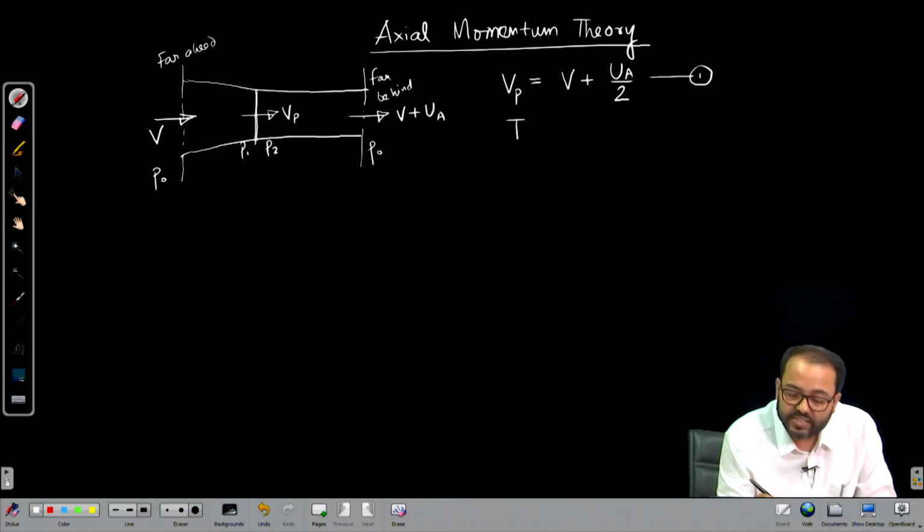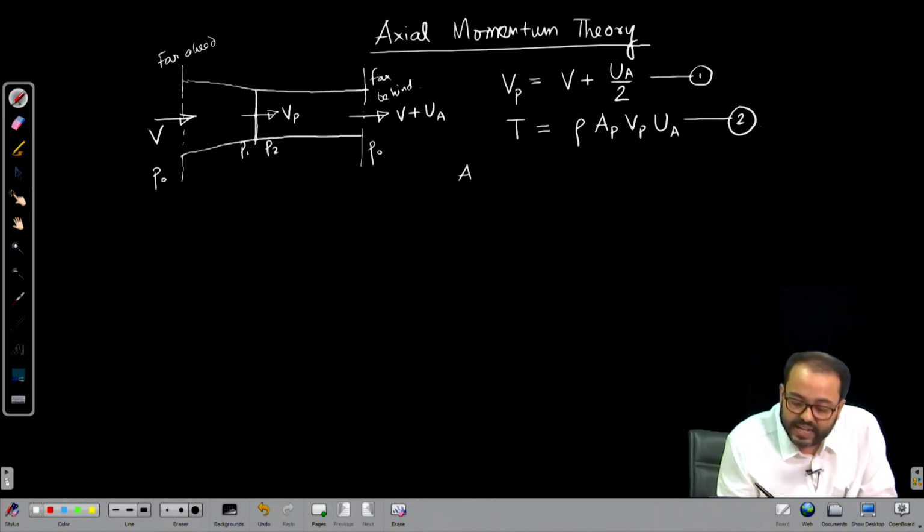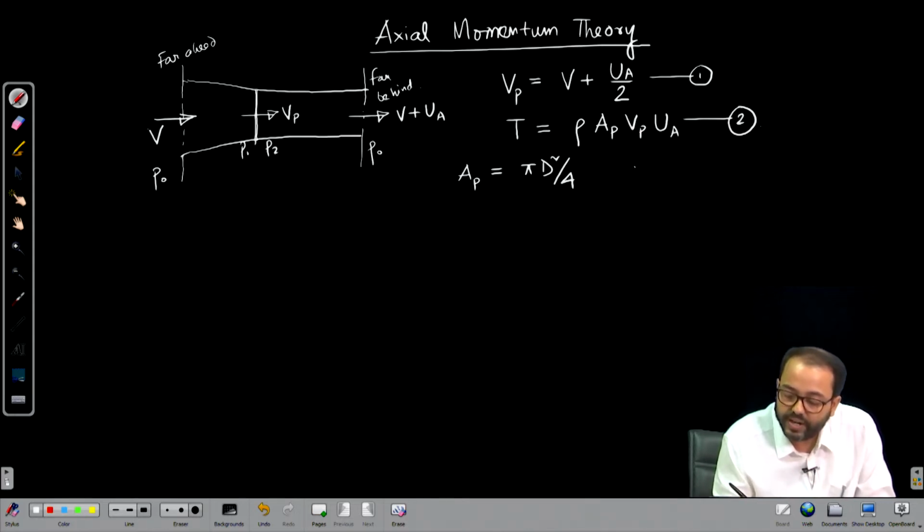Next, thrust is given by rho into area of the disc into the velocity at the disc into UA, where area is the disc area pi d square by 4, where d is the diameter of the momentum disc.